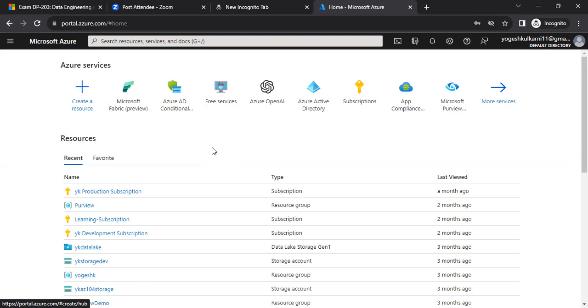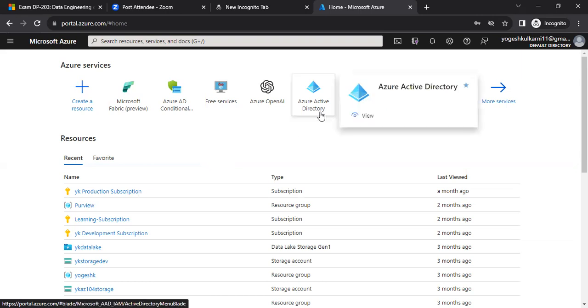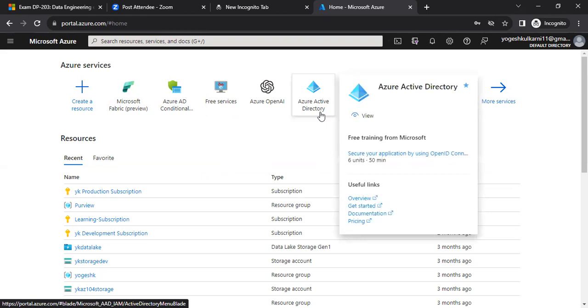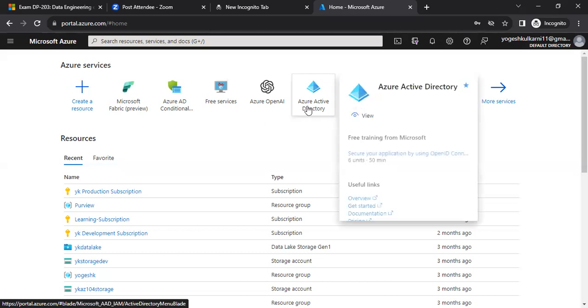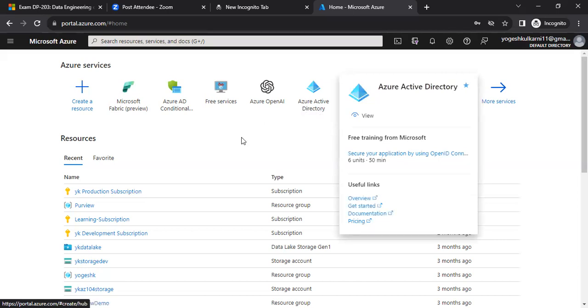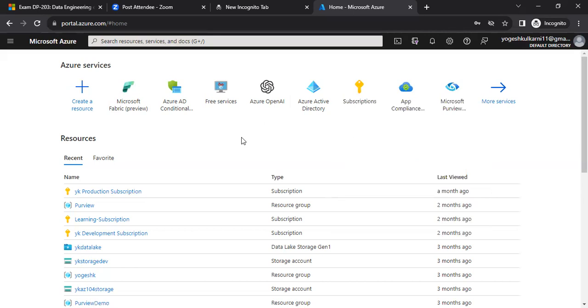Assigning access within Azure Active Directory, the AAD, manages access control to all the services that will be created or already created. The access to the users will be managed by the administrator, defined by the policies within your organization through Azure Active Directory, and the networking part will also be managed by the administrator.